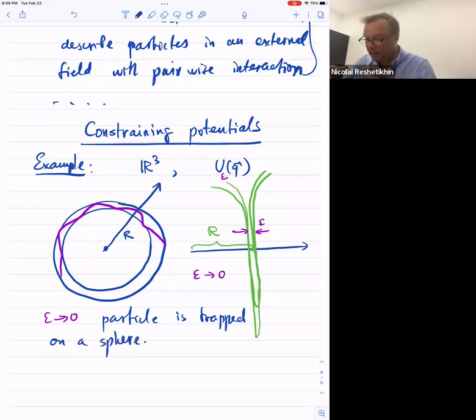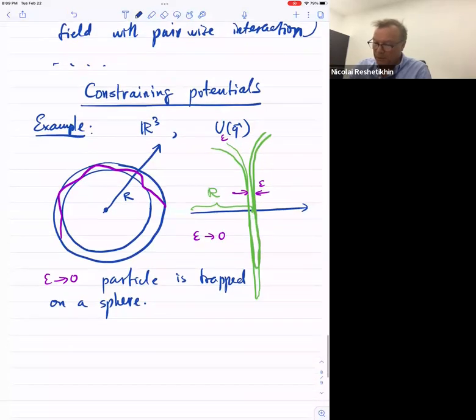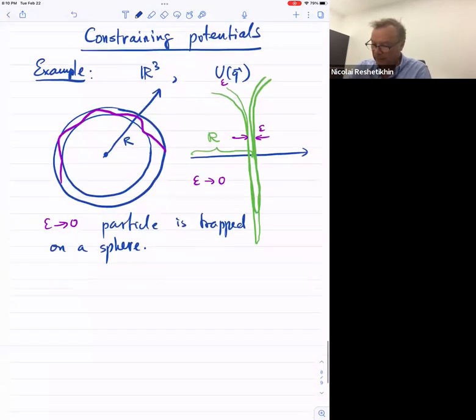So at the end of the day, we have particles moving on a sphere. And this means that we constrained our particle to some submanifold in R3.